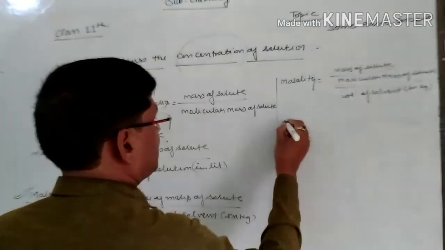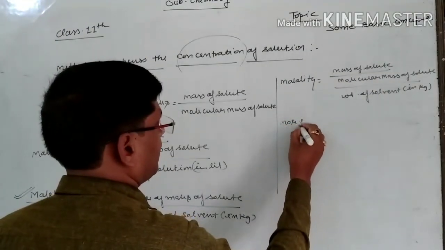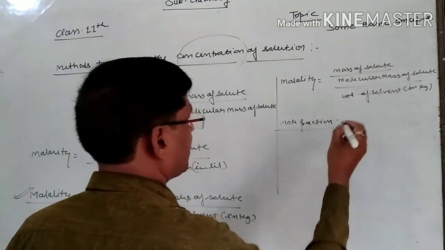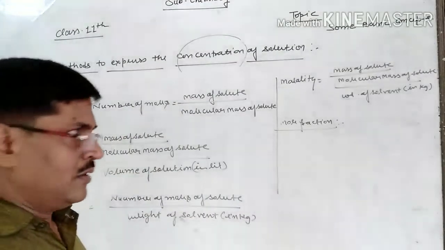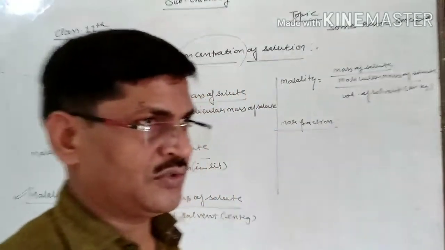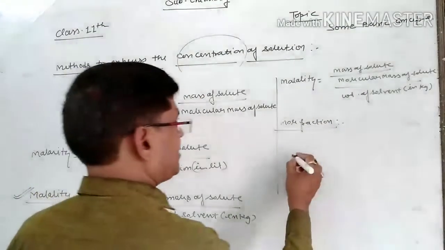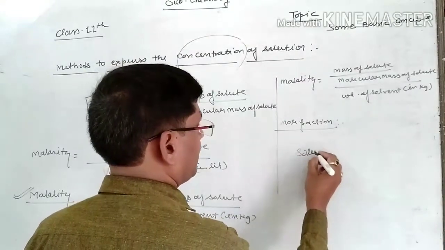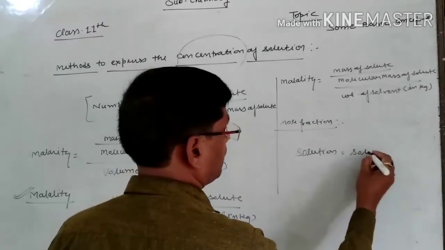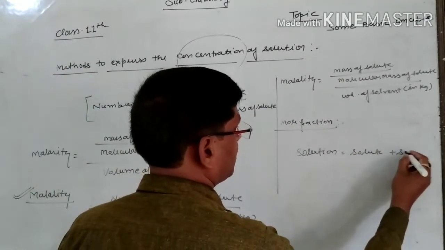After that, mole fraction. This is also a term which is used to represent the concentration of a solution. As you know, a solution has two components: solute and solvent.